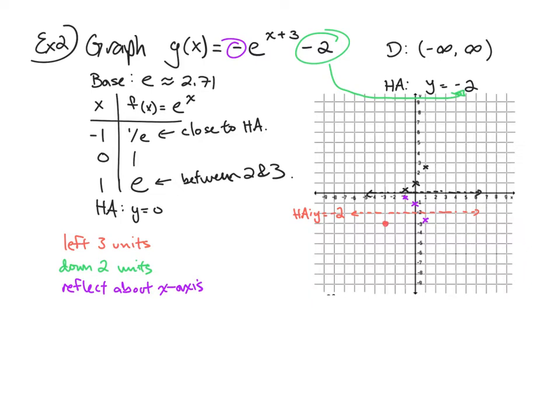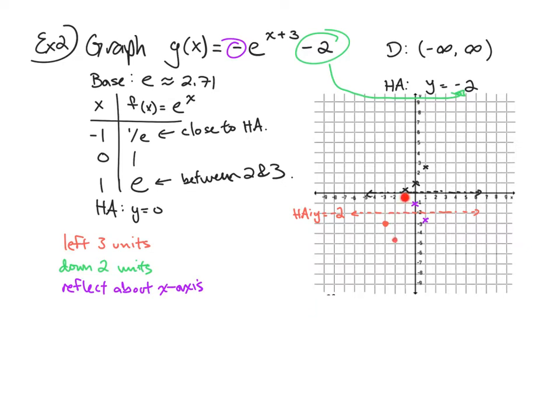This X here is somewhere between 2 and 3, so if I move it left 3, that's no problem, but down 2, it has to be between these two and then these two, so let's put that there. We just can't put it specifically in one place, so you can see it moved left 3, 1, 2, 3, down 2, 1, 2, boom.